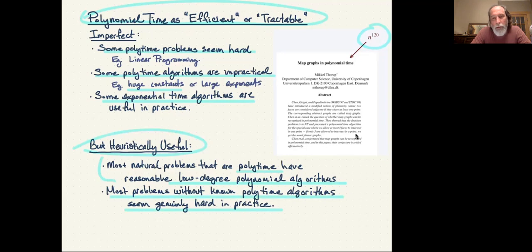Often they become too hard. You have to wait for next year's computer or next year's improvement to the solving software. And they're very sensitive to the inputs. So there can be applications where the inputs are all pretty nice and things look okay, but others where sometimes the input is okay, you get an answer, and sometimes it's just going to run and run and run, and you just have to give up and do something else.